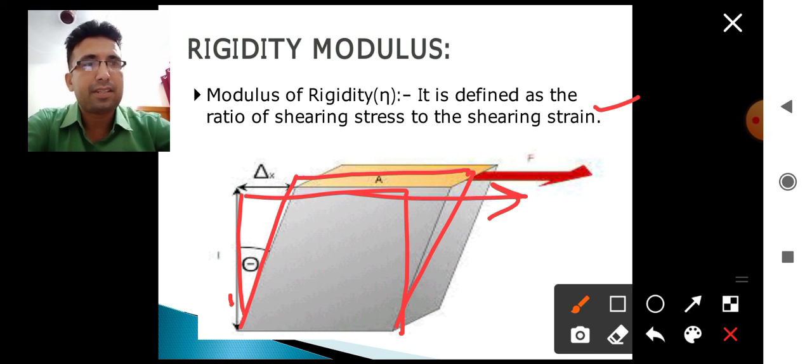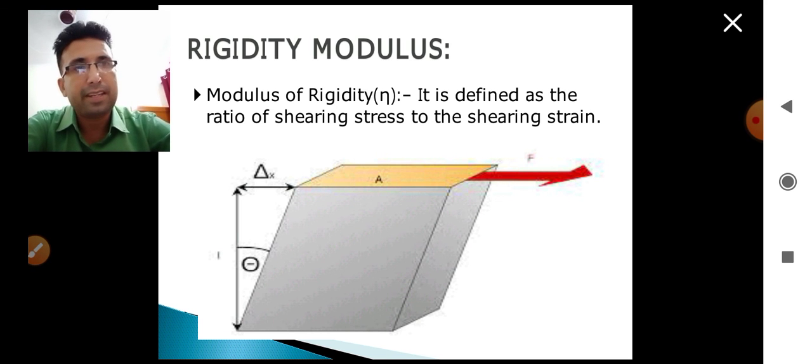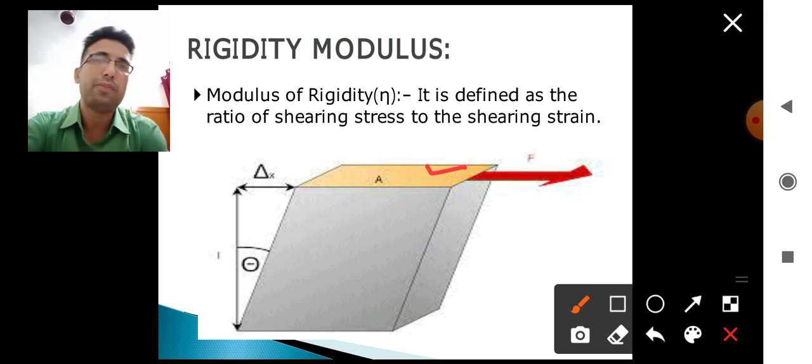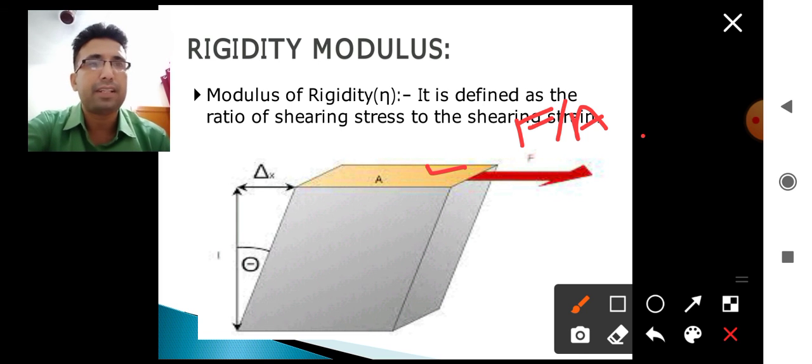Now we will find out the shearing stress applied on the body. A is the area of cross section of the top of the body. F is the tangential force, so F upon area is simply the tangential stress applied on the body.